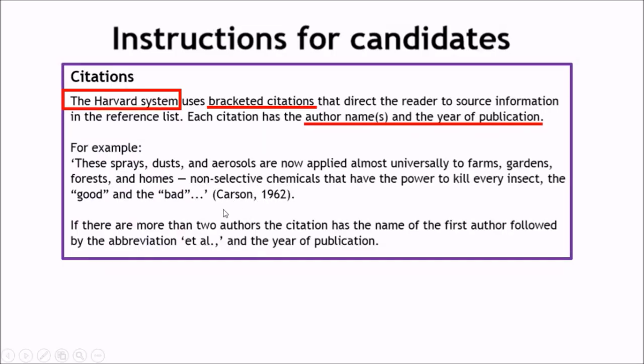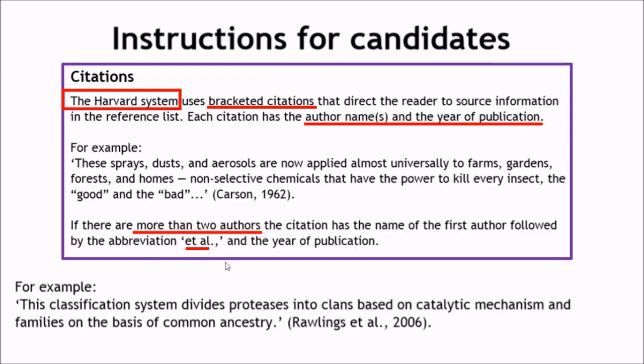If there are two authors, say Carson and Smith, you would write Carson, Smith, 1962. If there are more than two authors, you can't keep going, Carson, Smith, Jones, and whoever else. You just put one and write et al. So for example, Carson et al., 1962.